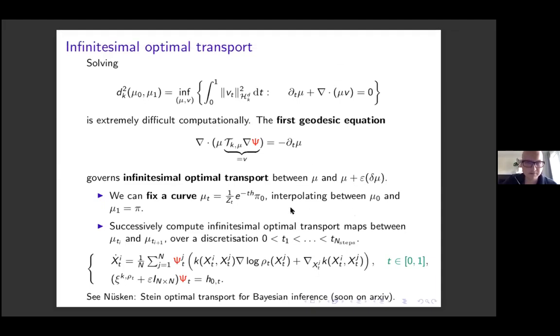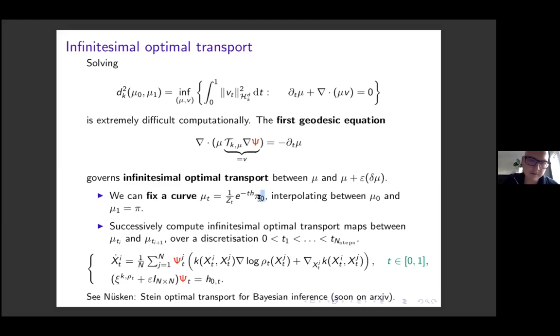So I'm going to explain this. The idea of how to do this is that we fix a curve that connects the initial probability measure that we had and the final probability measure, the target, by an interpolating curve. This can usually be done in this way, and this is because in Bayesian inference, this is a very typical way of writing the target measure.